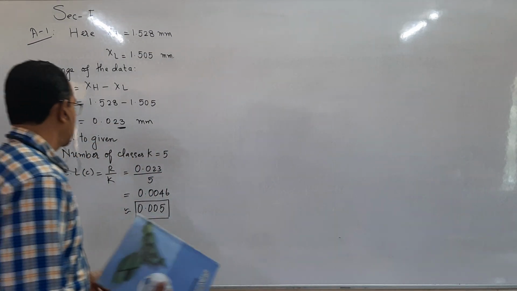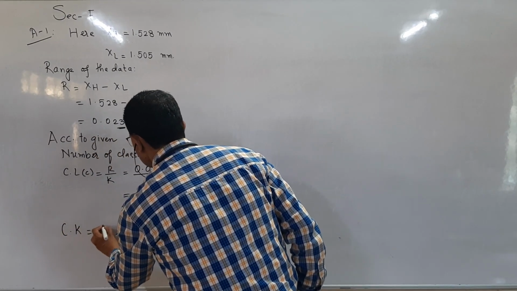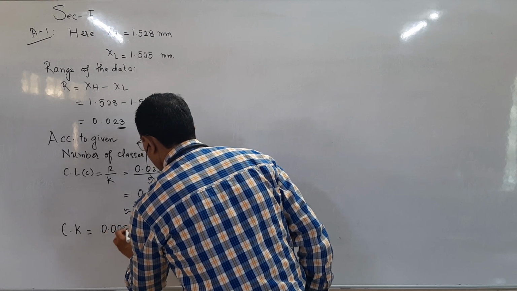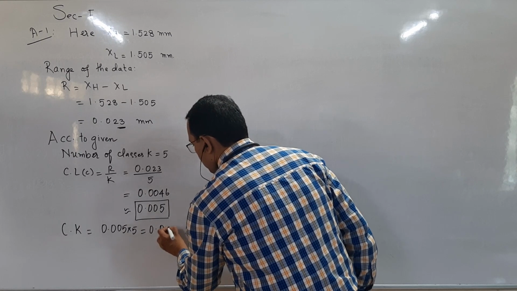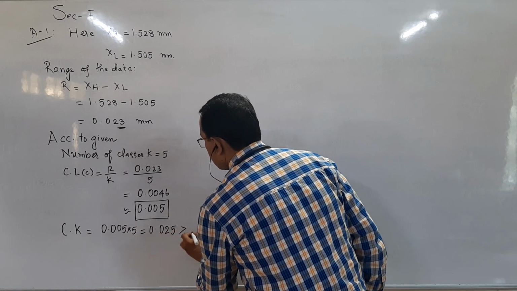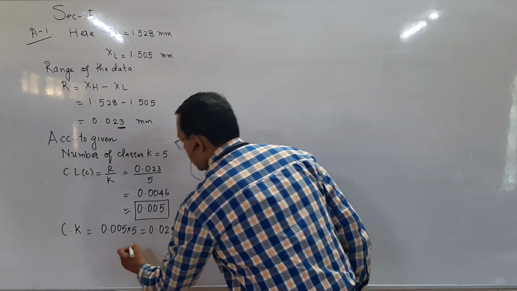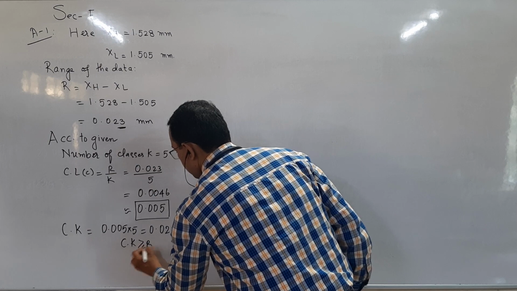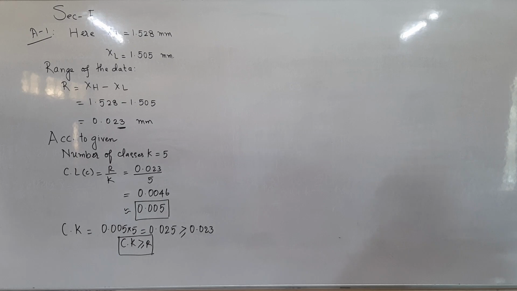Correspondingly, let us take the relation C into K. C is 0.005, into 5 will be 0.025, and that is greater than or equal to range, which is 0.023. So C into K greater than or equal to R is definitely satisfied.